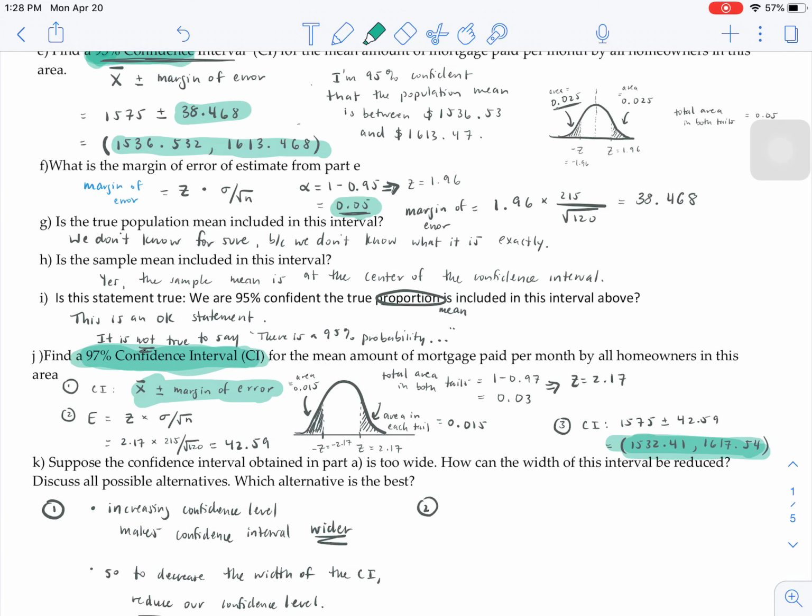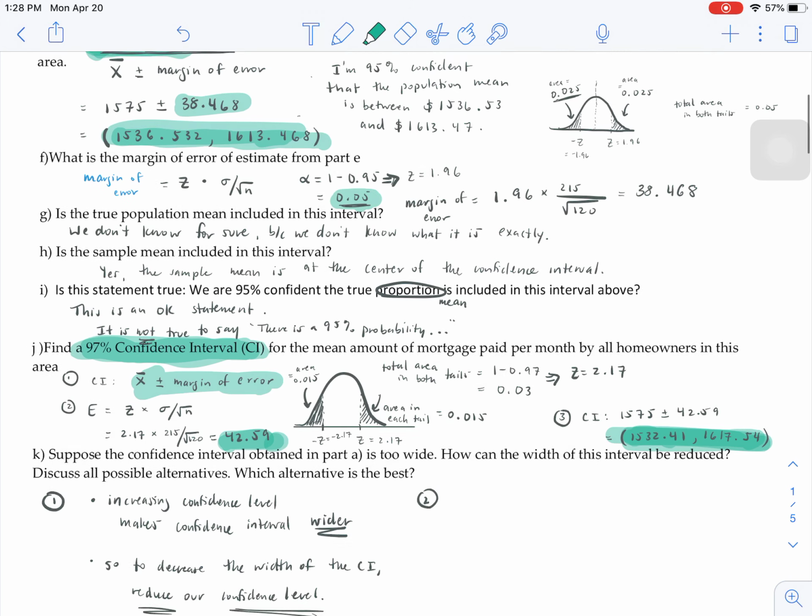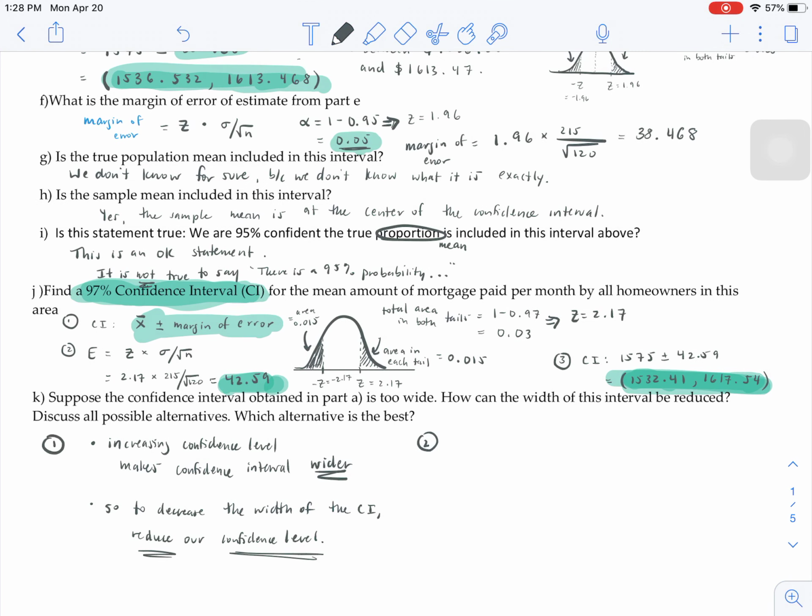Our margin of error here is 38, here it was 42. Here our confidence interval was narrower. Here, where the margin of error was higher, our confidence interval was wider. So a smaller margin of error means we have a narrower confidence interval.